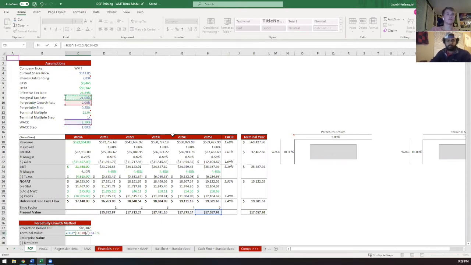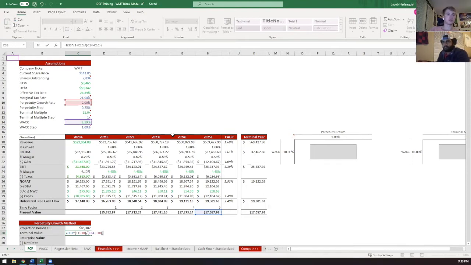And that's because we have to discount this. So if you think about that right now, you are calculating next year's cash flow, discounting it back to 2025. Now, in order to get that in the present, you have to discount that 2025 cash flow back to where we are in 2020.